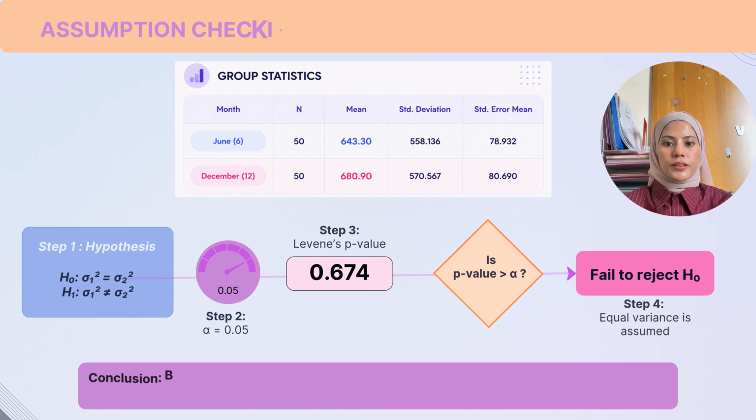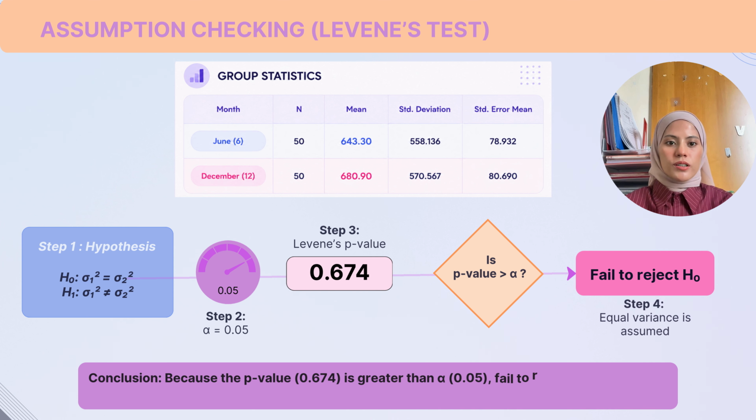Next, before interpreting the t-test result, we first need to check one of the assumptions, which is the homogeneity of variances using Levene's test. There are 5 steps. Step 1, state the hypothesis. H null, variance 1 equal to variance 2. H1, variance 1 not equal to variance 2. Step 2, the significance level, alpha equal to 0.05. Step 3, test the hypothesis.